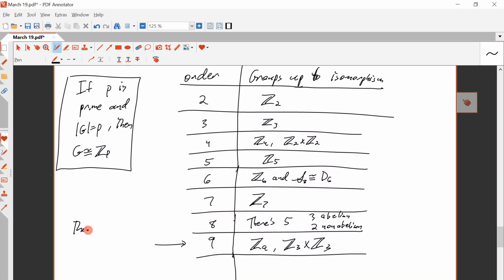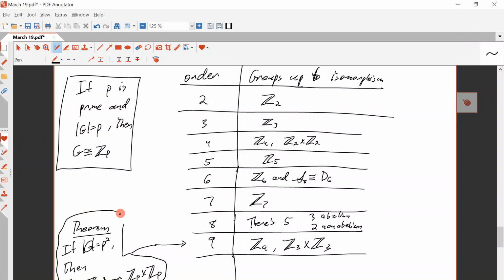So the theorem is as follows. If the order of G is p squared, then G is isomorphic to Zp squared, that is cyclic, or Zp cross Zp. We can't prove this yet.